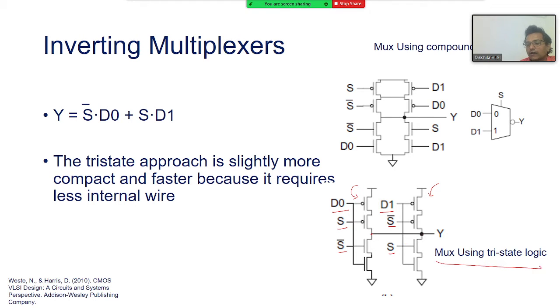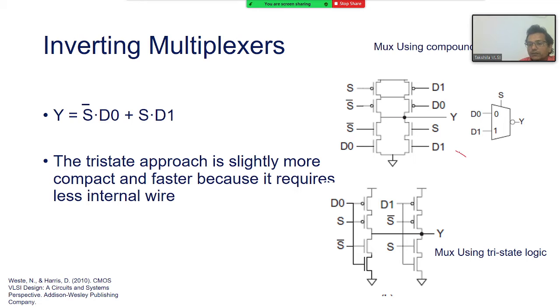I called it, if you recall, a mux using tri-state logic, and I can verify its operation, when D0 reaches Y and when D1 reaches Y, based on what I apply to S, logic 0 or logic 1. Based on that the switching will happen, and I already know how tri-state works, and accordingly the circuit will work as a 2:1 multiplexer using tri-state logic.